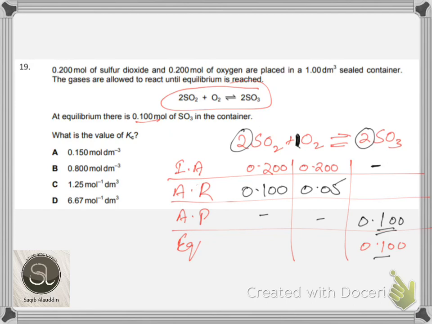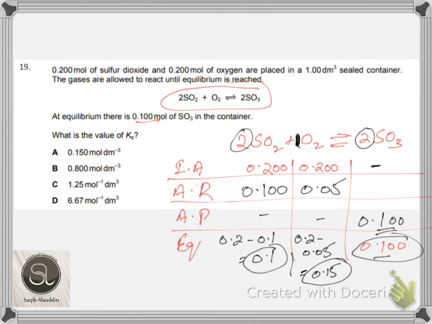How many remaining? You subtract 0.1 from 0.2, of course you have 0.1, and you subtract 0.05 from 0.2, so you get 0.15. So these are the equilibrium moles of all three.